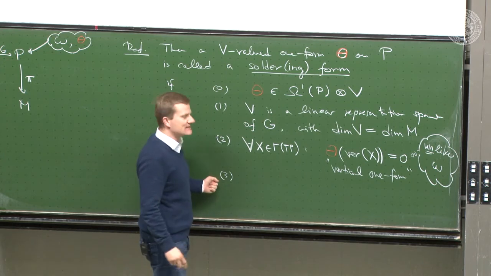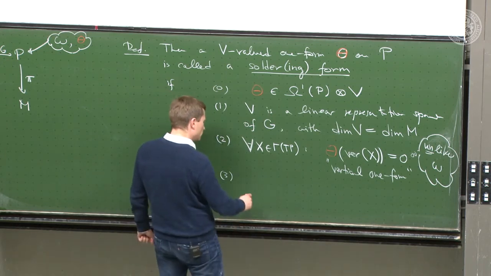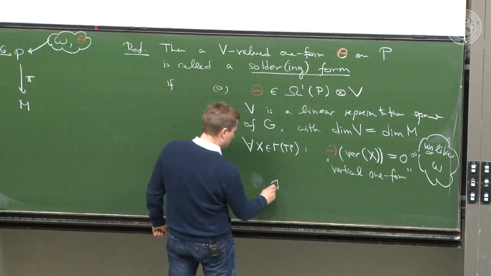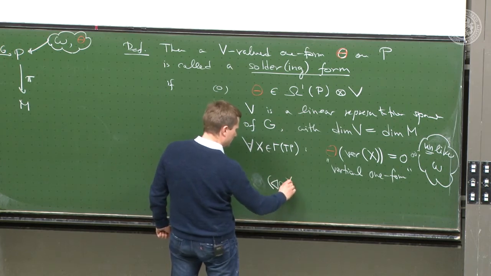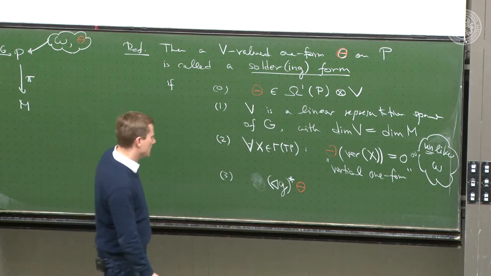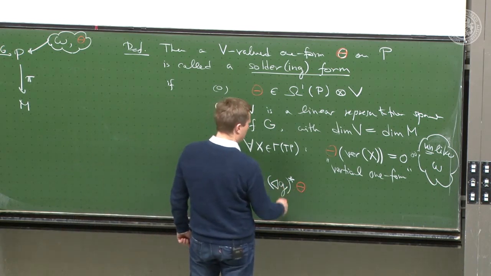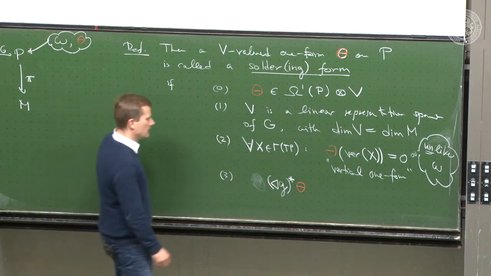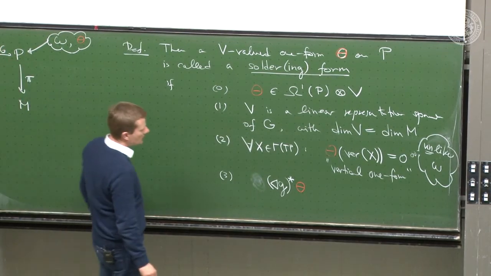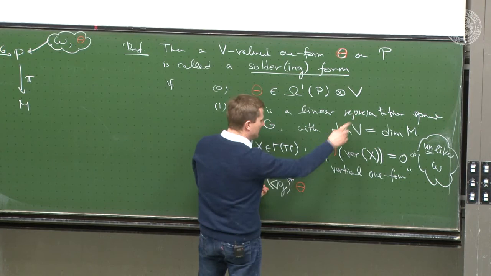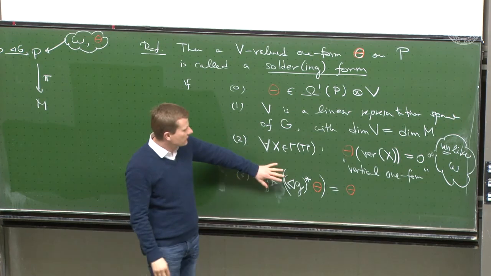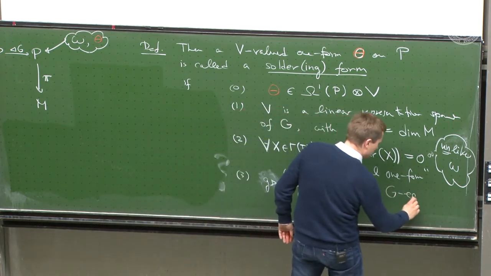Now the third condition is like the connection one form omega, namely that if we consider the pullback of our soldering form theta, then the result will of course be again a one form on the bundle, because you see this goes from the bundle to the bundle. But it will be again V valued. Okay, I should tell you what this condition is about. This condition is, of course, supposed to be the G equivariance condition.